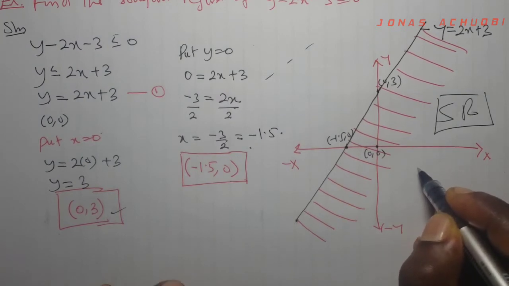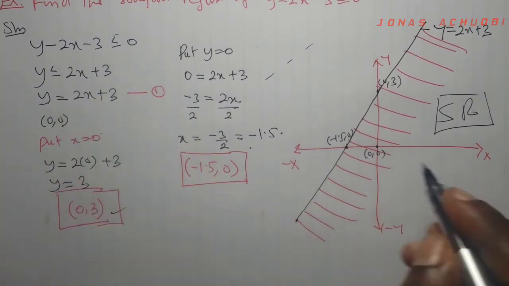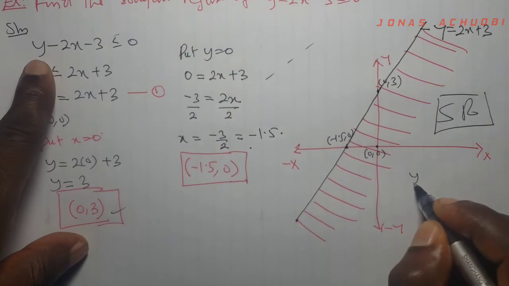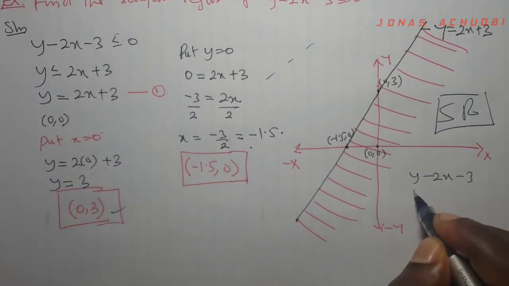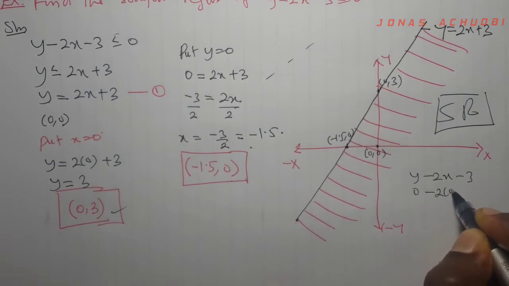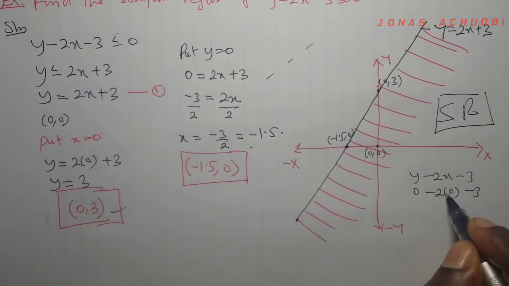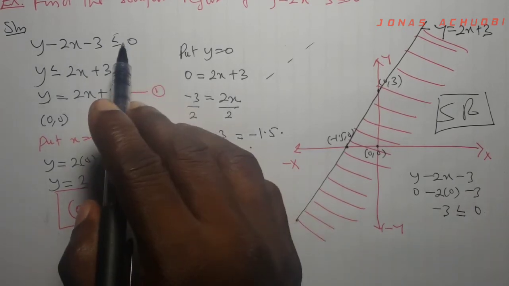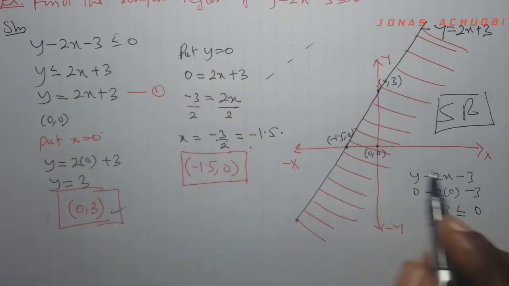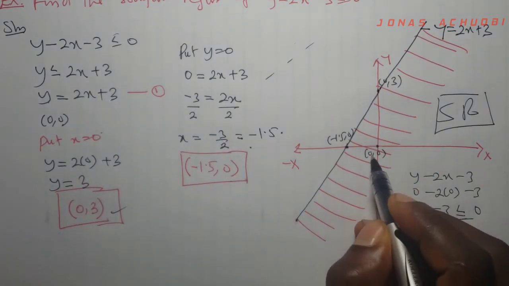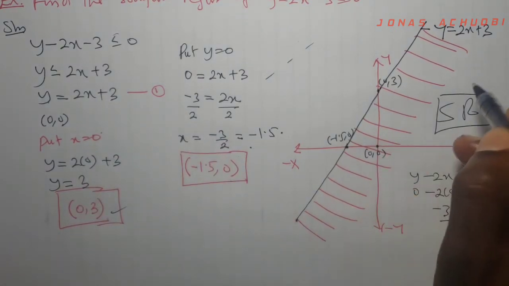So let us check. When y is 0, x is 0. So we have y minus 2x minus 3. So for the point 0, 0, y is 0 minus 2 times x, which is 0, minus 3. So this is 0, this is minus 3. Is minus 3 less than or equal to 0? The answer is yes. Because minus 3 is actually strictly less than 0. So that means the point 0, 0 is indeed in the solution region.